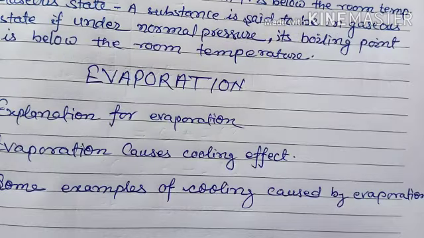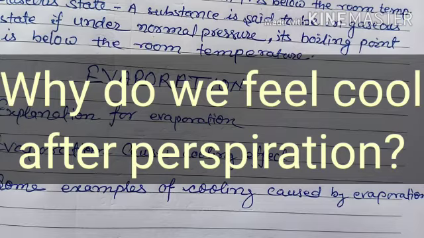Also during summer or heavy exercise, our body gets hot due to rise in body temperature, and so to cool off, our bodies perspire more, and this sweat gets evaporated by taking heat from the body, and thus perspiration keeps our body cool.